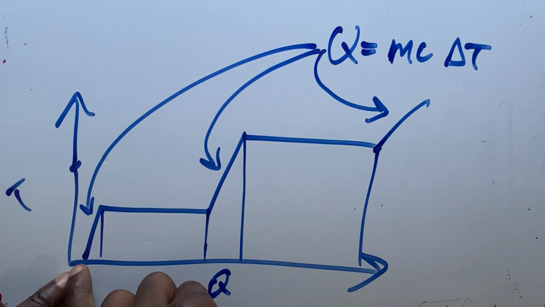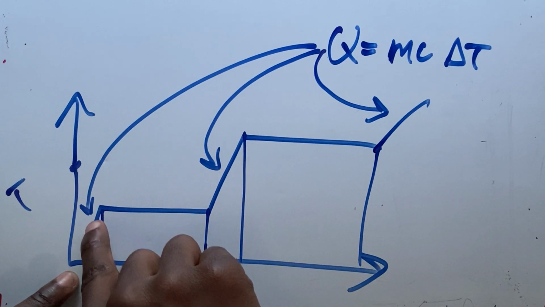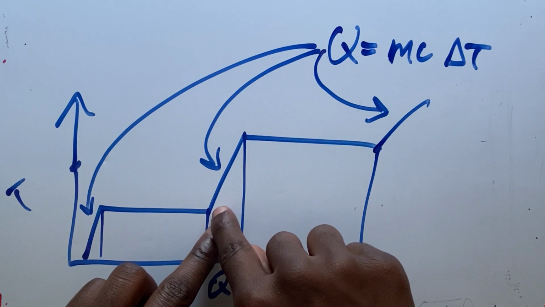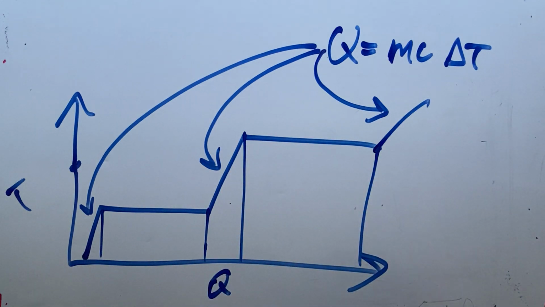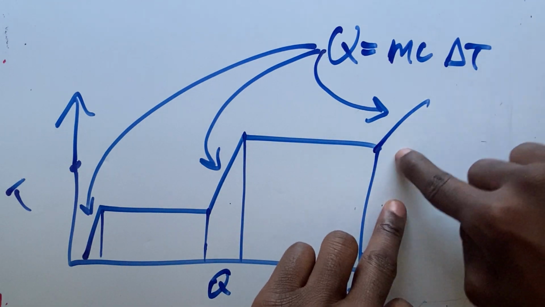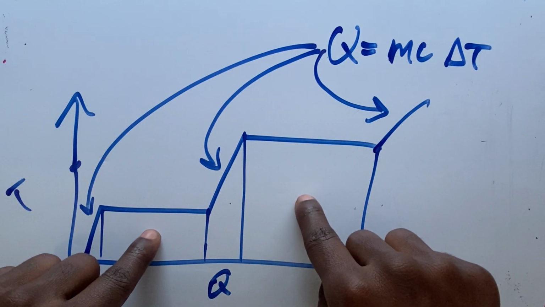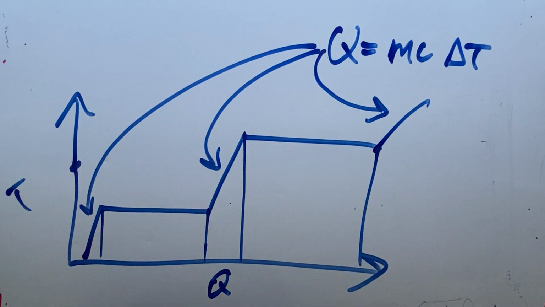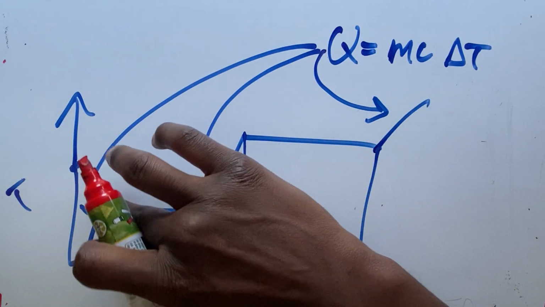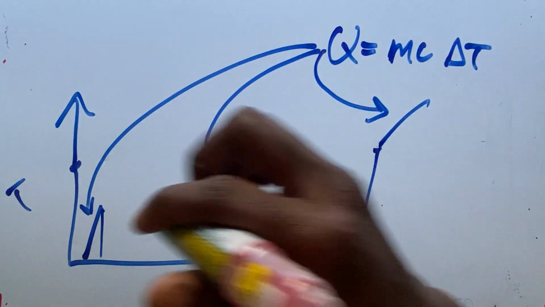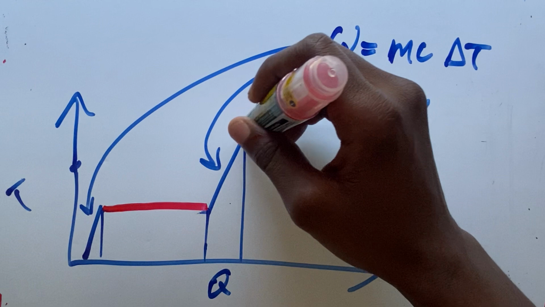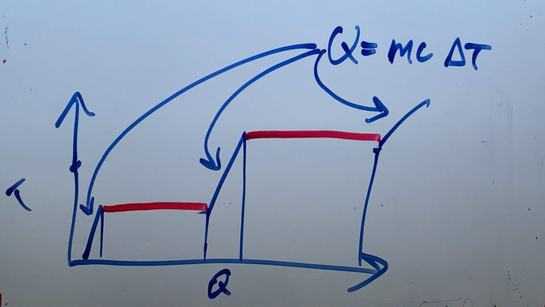So here where the ice is increasing in temperature, or here when the water is increasing in temperature, or here when the steam is increasing in temperature. It's in between here where the phases actually change. So let me put that in red. Boom.